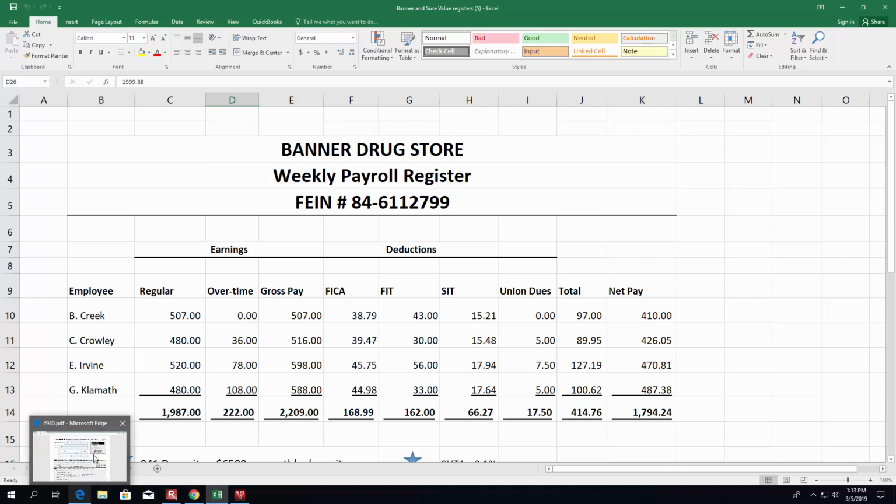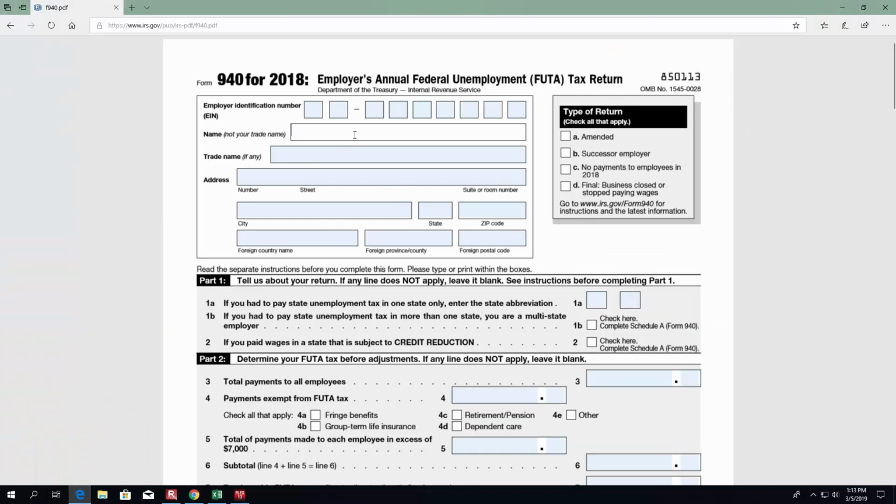Then let's start plugging in. Up here at the top right, you check a box if you're amending a prior return, if you bought the business from someone else, if you're still a business but had no wages last year, or if you stopped paying wages or closed the business. If any of those describe you, you have to check one of those boxes.